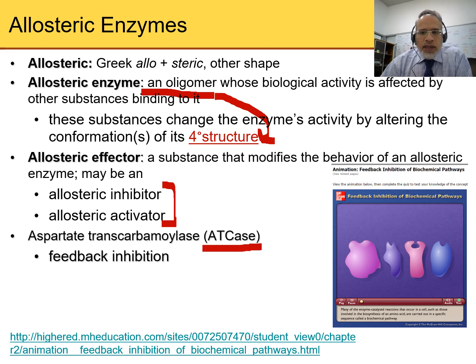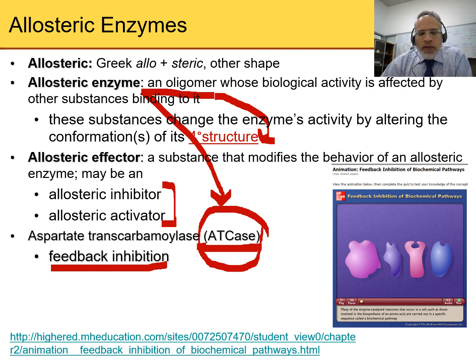Now, a lot of this notion of allosterism or allosteric regulation has been studied using this enzyme called ATCase. ATCase is an enzyme that is involved in a metabolic pathway, and this enzyme is an allosteric enzyme, and this enzyme is used in what is called feedback inhibition of that pathway.